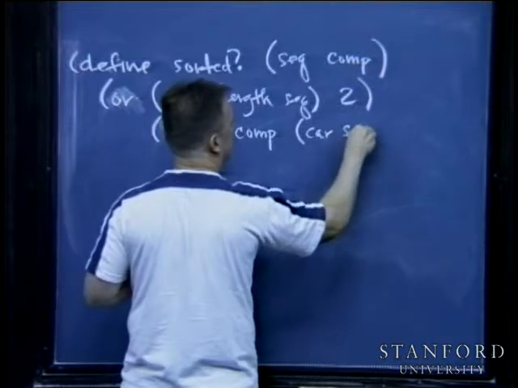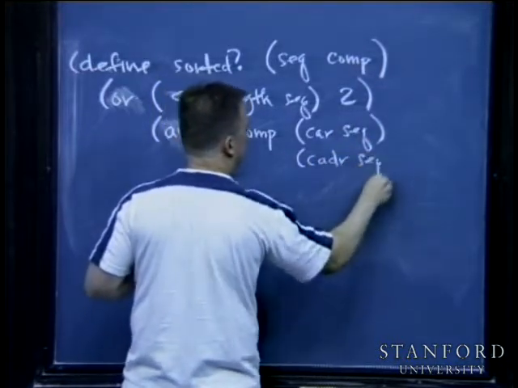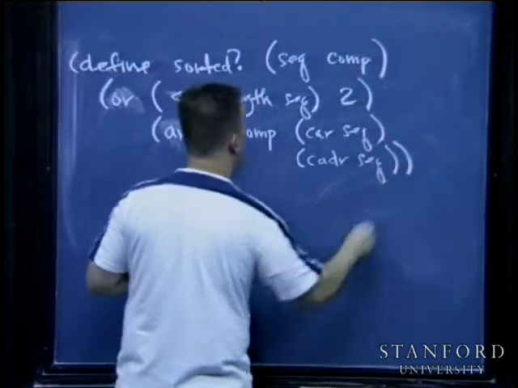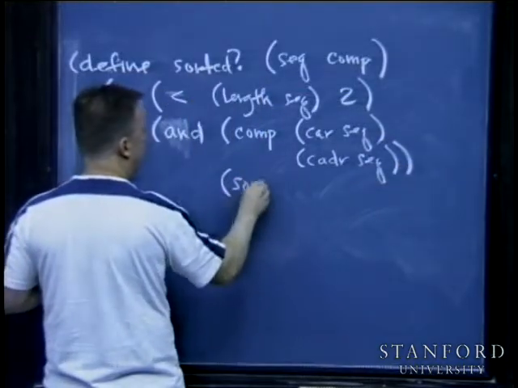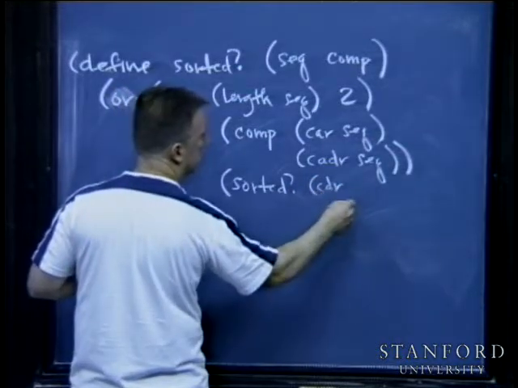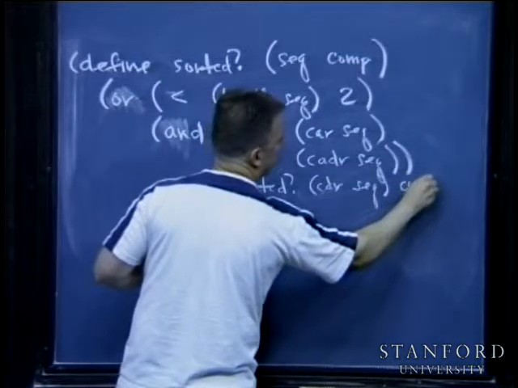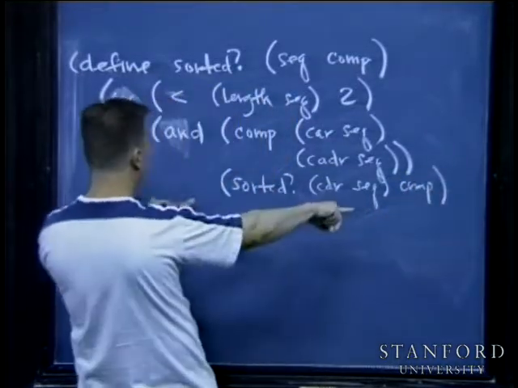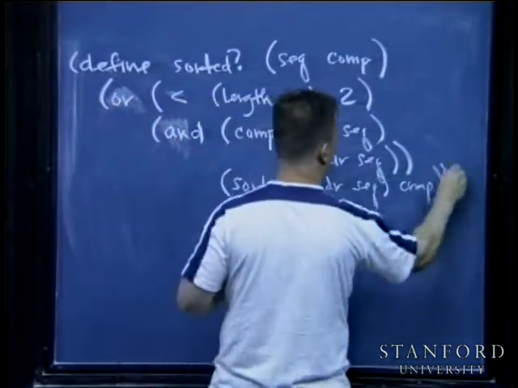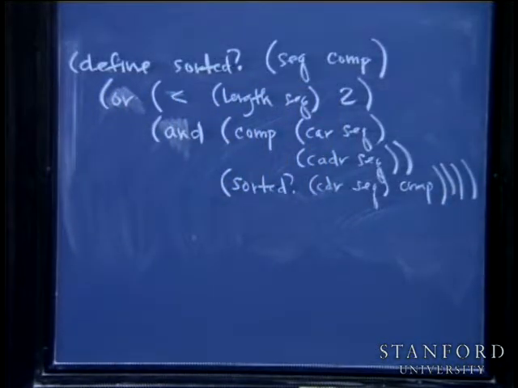Car of sequence, car of a cooter of sequence, and then at the same time I need sorted on the cooter, I can finally use a C, of sequence with the same comparator. And the or and the define.